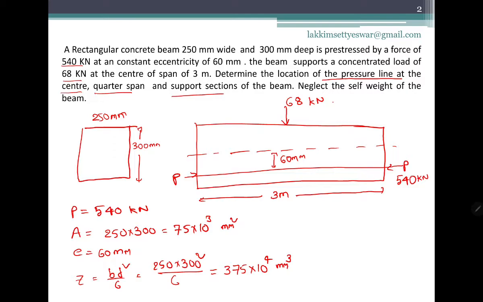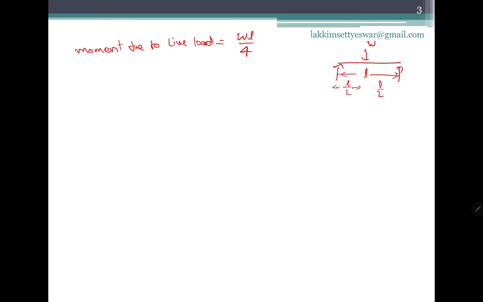Let's calculate the moment due to live load. We know the formula, W L by 4. This is the condition for a simply supported beam when it is subjected to a point load at the center.